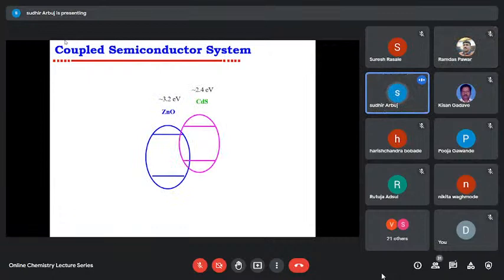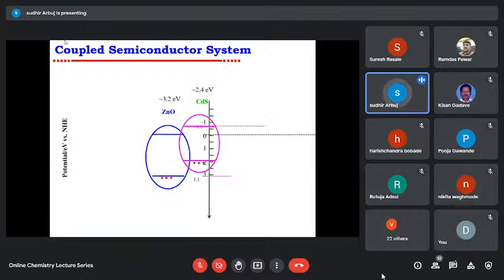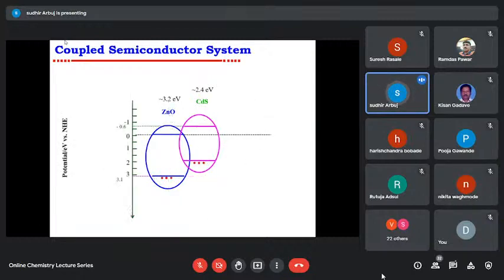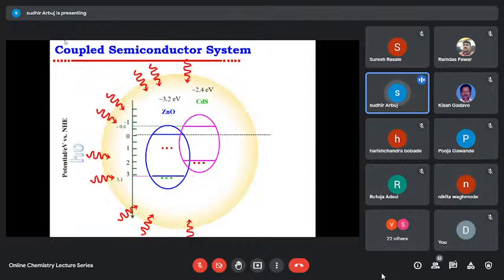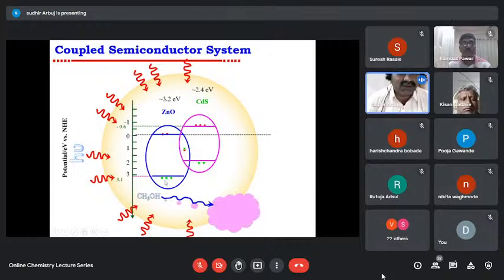In this case, what is happening? Two different semiconductors with two different band gaps are used. After shining the light, electron-hole pairs are generated in both semiconductors. The electron in the conduction band of one semiconductor combines with the hole in the valence band of the other, so the electron in one semiconductor and the hole in the other are available for further reaction.